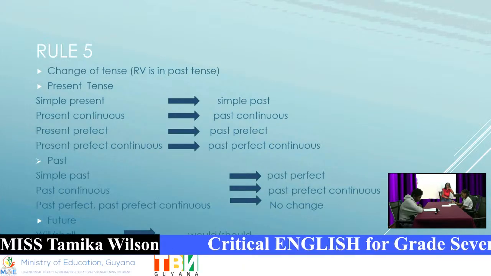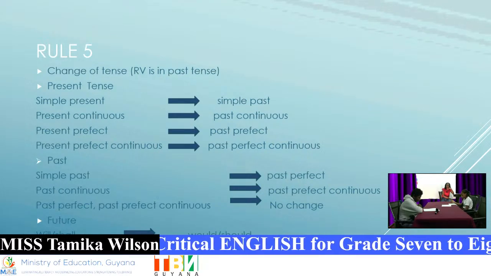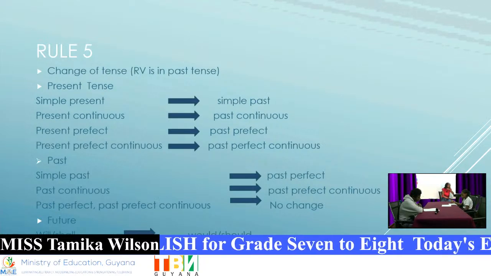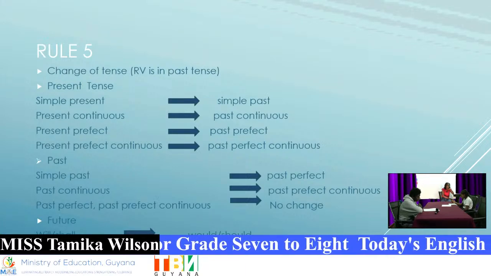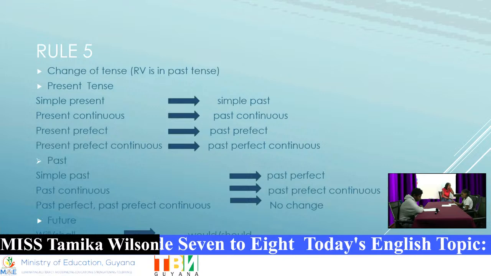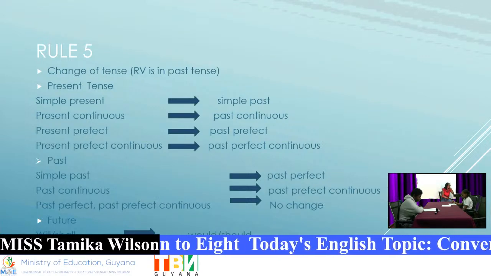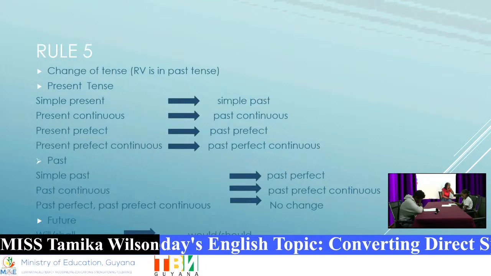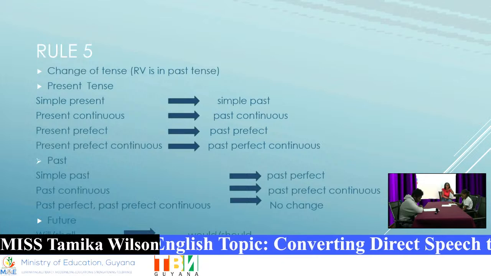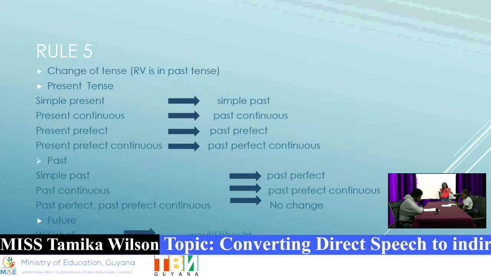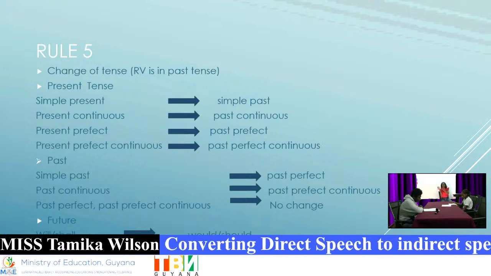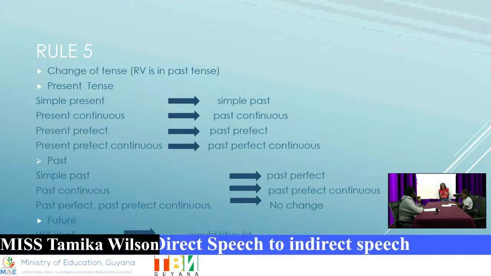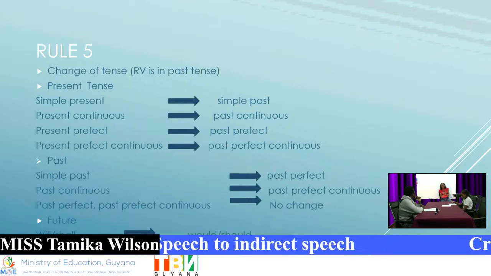Simple past. So we convert them to simple past. Those in present continuous now become past continuous. Those present perfect become past perfect. Present perfect continuous becomes past perfect continuous. All right? So we're moving from one to another, present to past, regardless of whether it's simple, present continuous, present perfect or present perfect continuous.